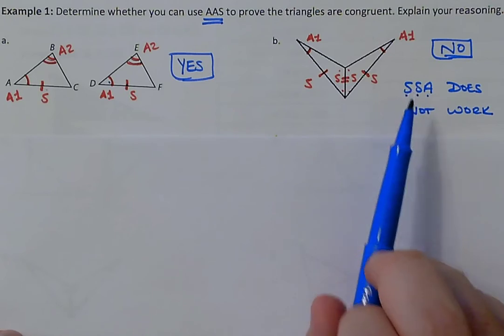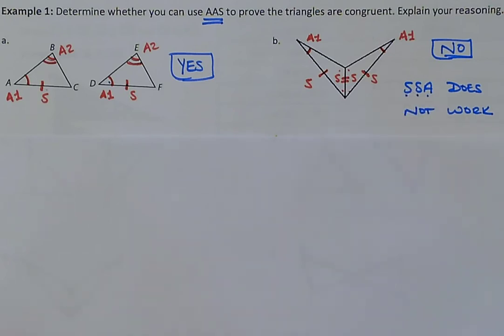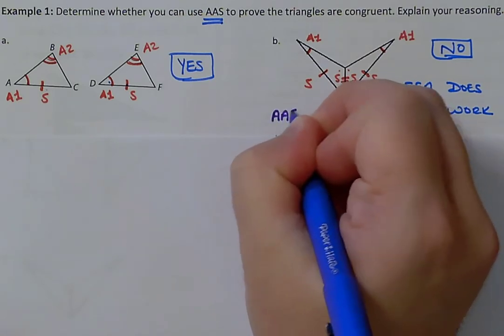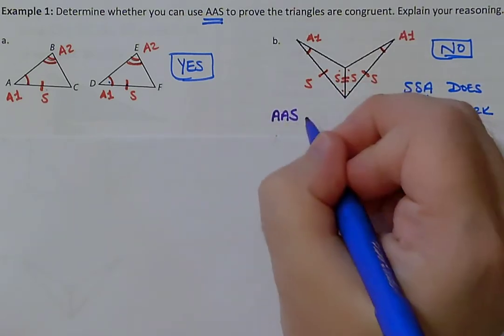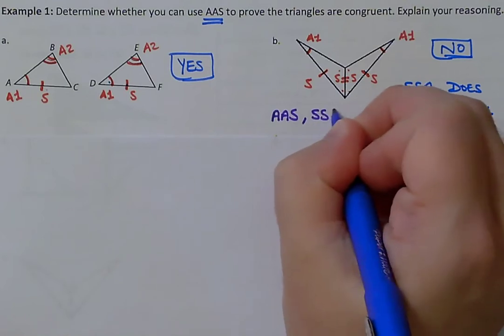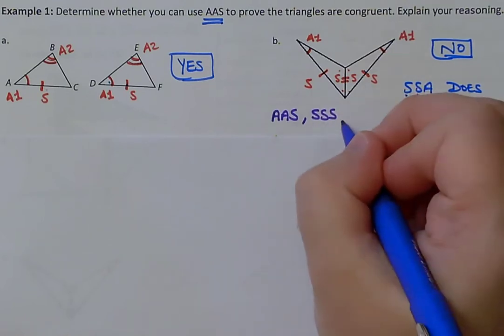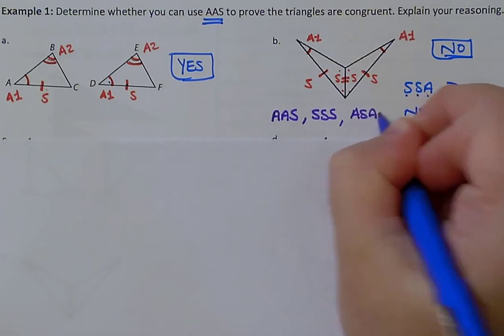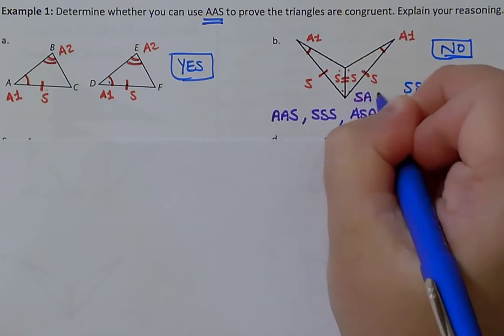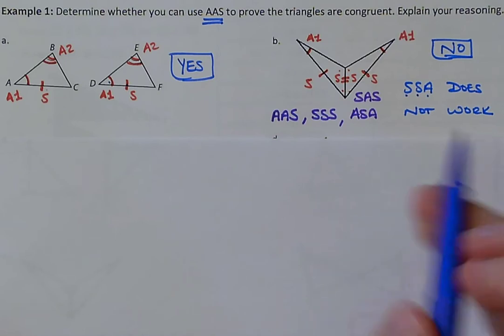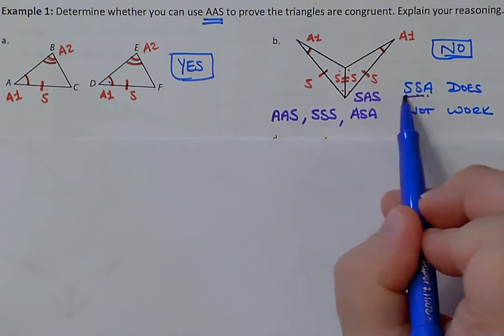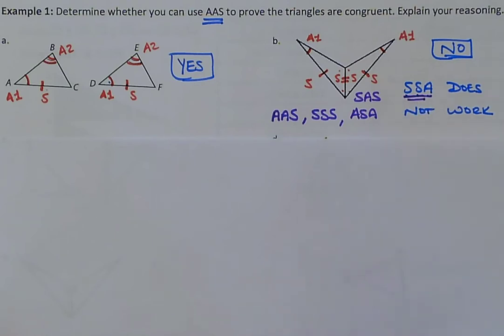It's not a triangle congruence statement. The ones that do work are, as we talked about today, angle-angle-side, side-side-side, angle-side-angle, and side-angle-side. These are the four that work. This is the one that does not work.